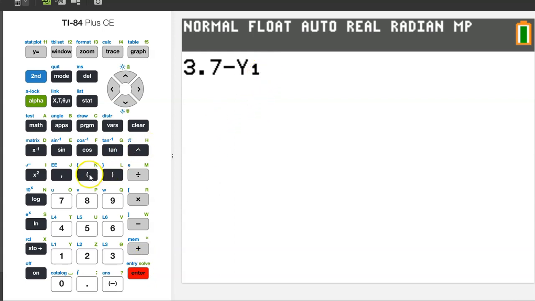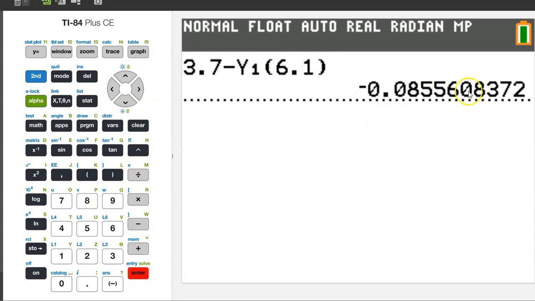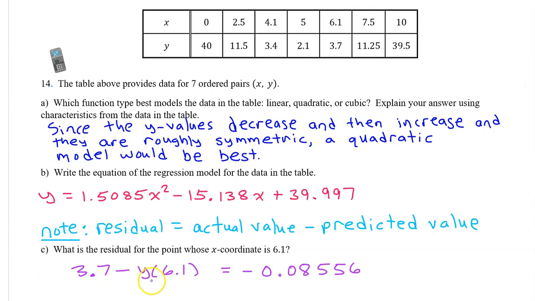And then just put the 6.1 in parentheses to evaluate y1 at 6.1. So this is the residual value. In your work, don't put y1 since we called it just plain y. It should be just plain y right here, y at 6.1.